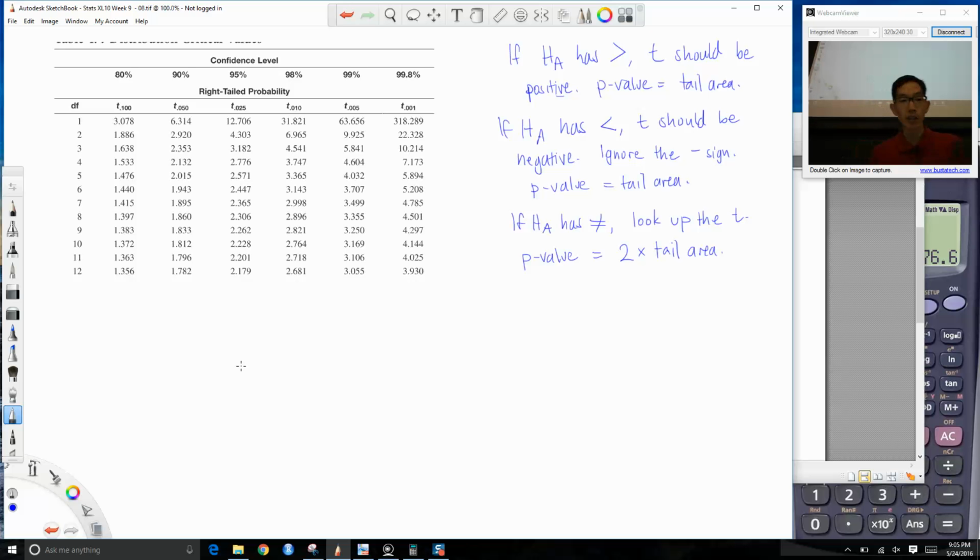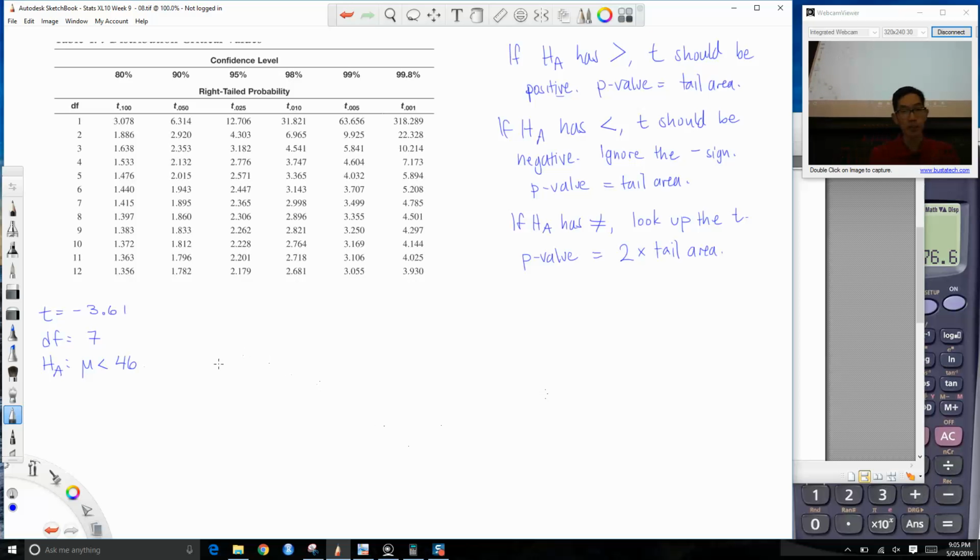All right, so scenario 2: your test statistic ends up being negative 3.61, you have degrees of freedom equal to 7, and your alternative is mu is less than 46.